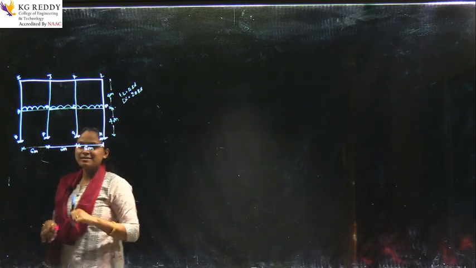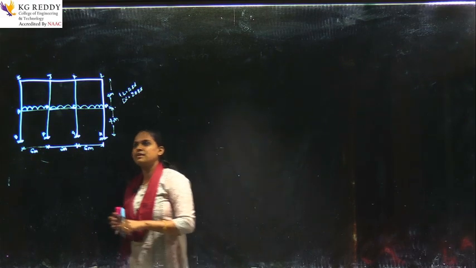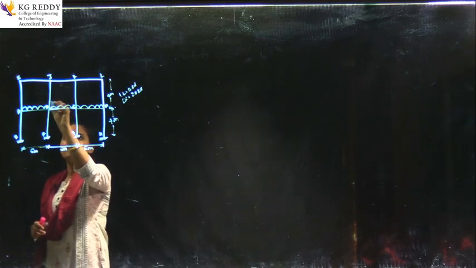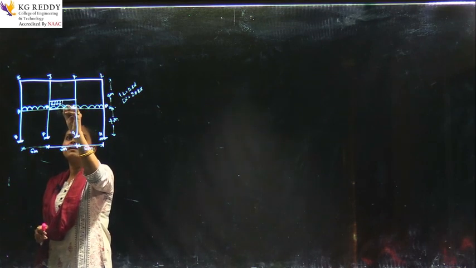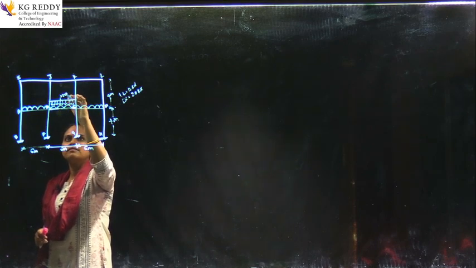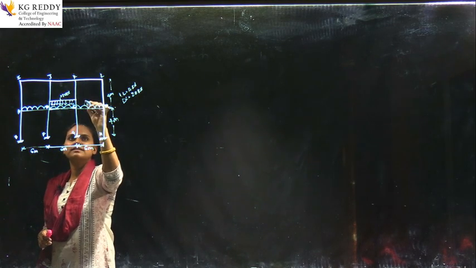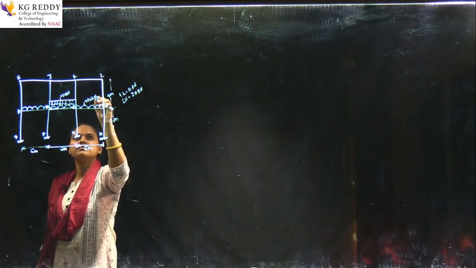When you are analyzing the BC frame, you will take live load on that particular area only. Then you will have the live load of 20 kilonewton here. Okay. And this is the dead load throughout the frame, it is 12 kilonewton.